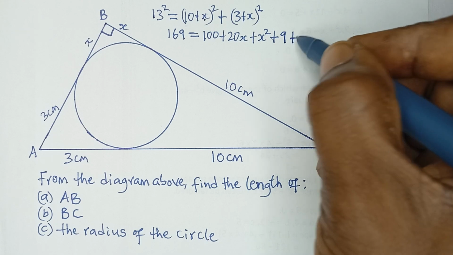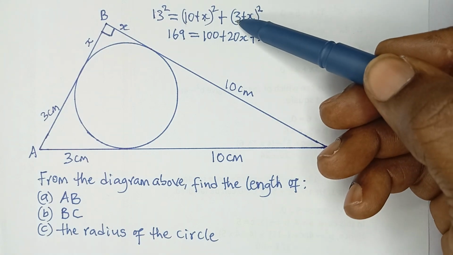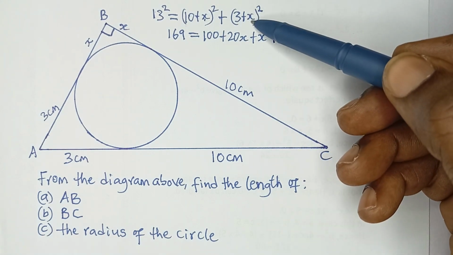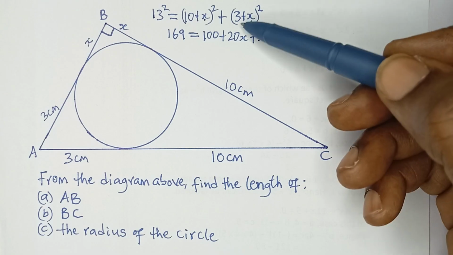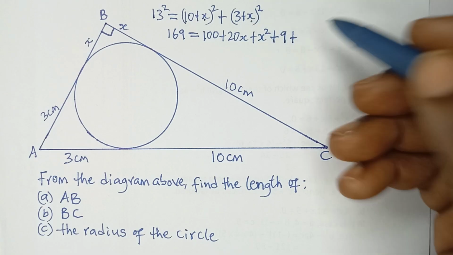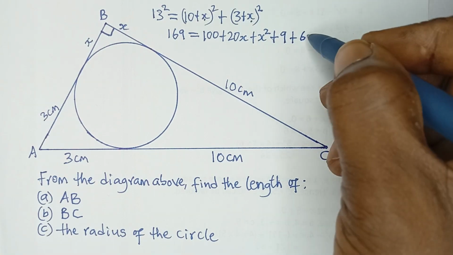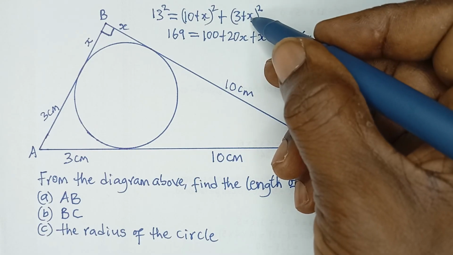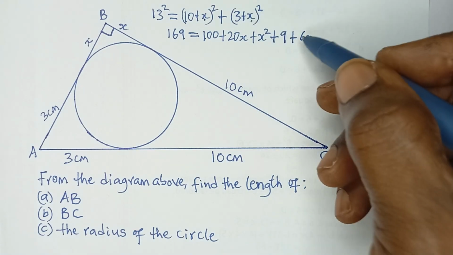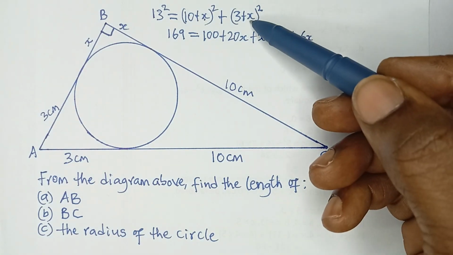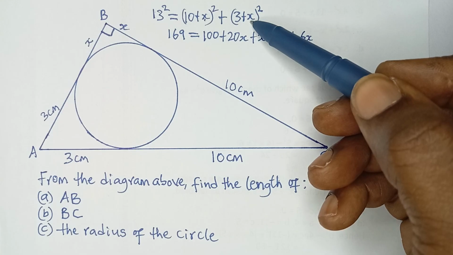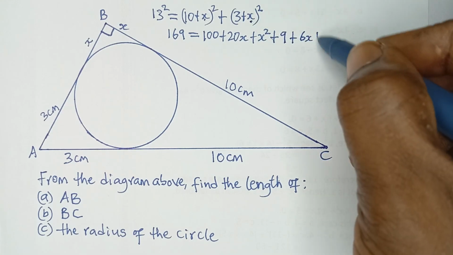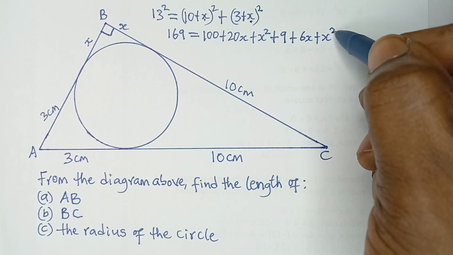Then plus, you multiply 3 and x, that gives 3x, and then you multiply it by 2, and that gives us 6x. And lastly, you square the last value, and that will be plus x squared.